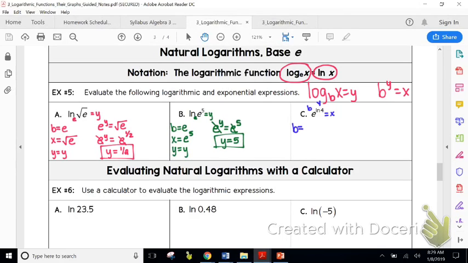So what is b? E. What is y? Natural log of x. And what is x? X. I'm sorry, I put natural log of x. What should it have been? 4. Sorry.